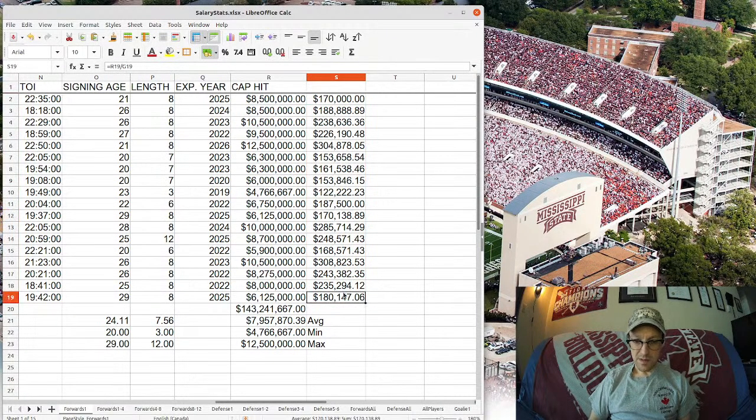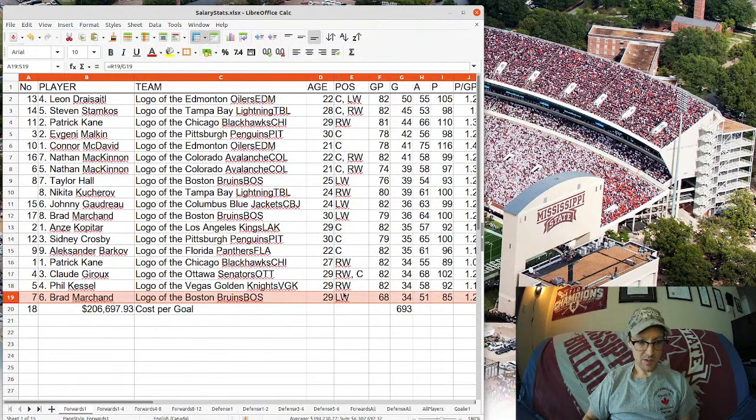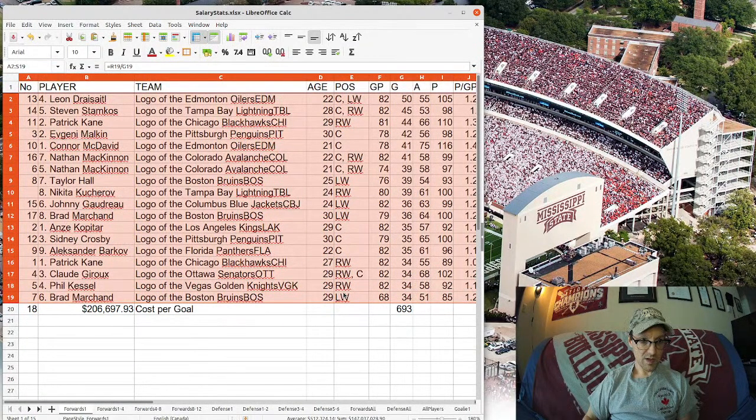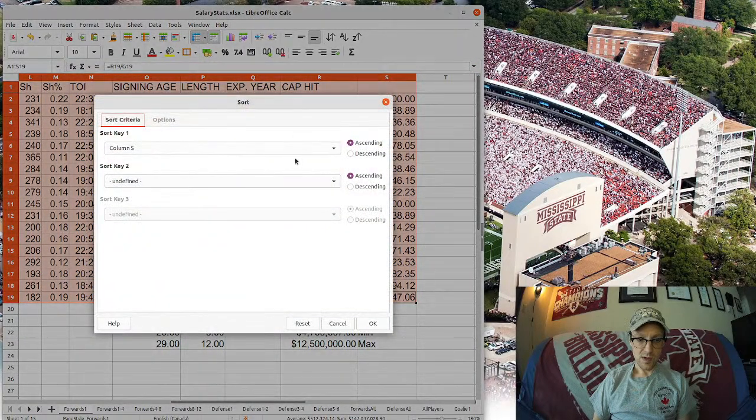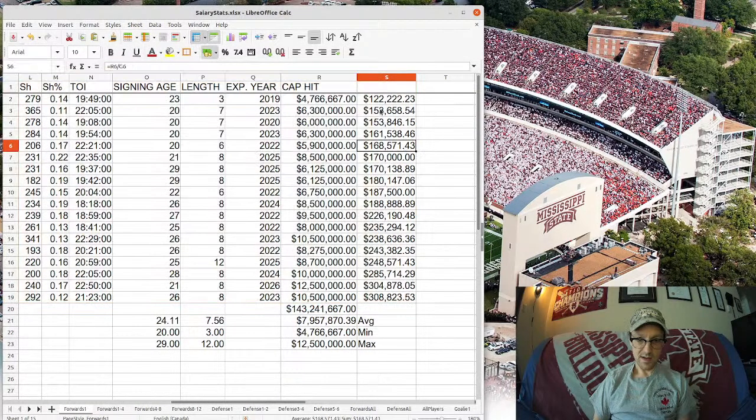Well, I thought maybe the highest score would be the best value, but we'll just reorder these, so we want ascending from S. So it looks like the least expensive, well, might as well just look at the player too.